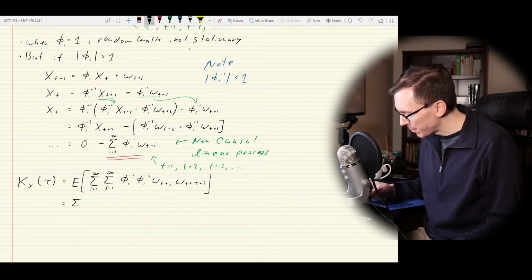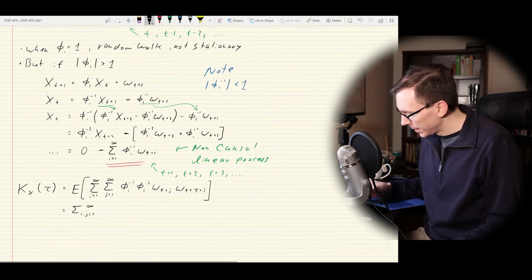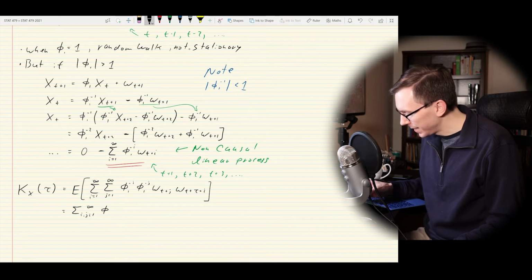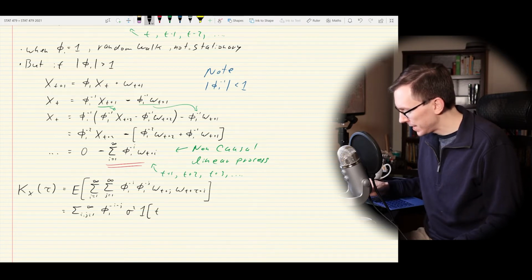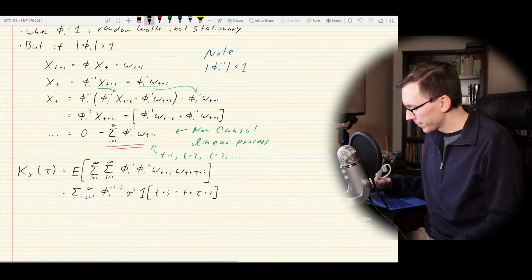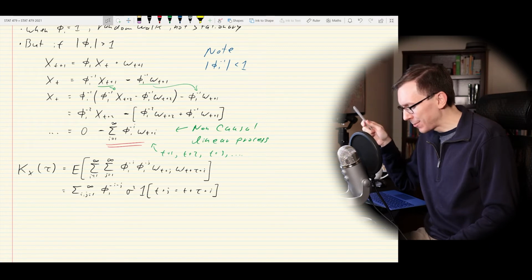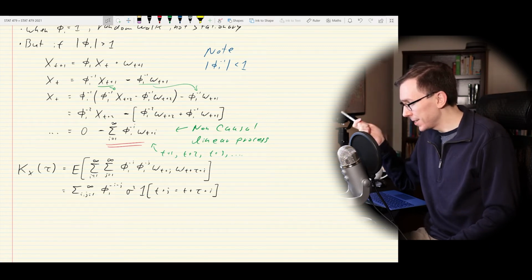So what I get is my sum over i and j from 1 to infinity for shorthand. I can collapse the phi to the minus i minus j together. And then I get sigma squared, the variance of the white noise process, and an indicator function, which is t plus j equal to t plus tau plus i. Because that's the only setting when this thing is going to be not 0.